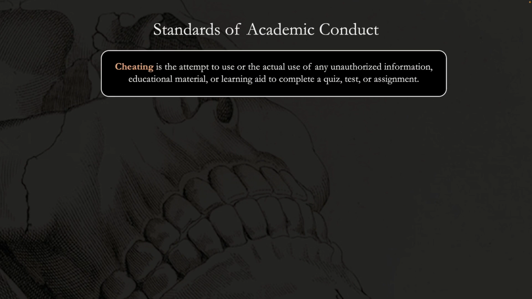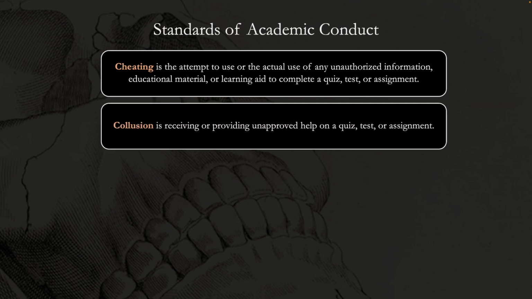Standards of academic conduct, just some definitions here. Cheating is the attempt to use or the actual use of any unauthorized information, educational material, or learning aid to complete a quiz, test, or assignment. Collusion is receiving or providing unapproved help on a quiz, test, or assignment.